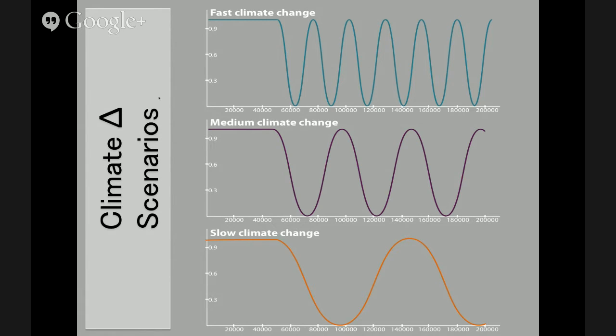That's a period where the climate remains stable. I'm circling it here. A species was allowed to expand and search for suitable habitat within its dispersal ability for this climatically stable period of time before we began altering climate in one of these 3 ways. The burn-in period lasted for 50,000 model time steps, and then all of these simulations were run for 200,000 model time steps.